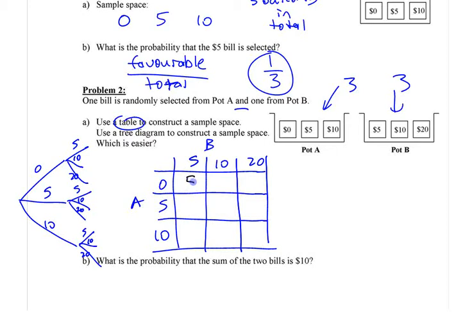If you fill it out, this is a total of 5, this is a total of 10, 20, 10, 15, 25, 15, 20, and 30. There's 9 total outcomes, right?